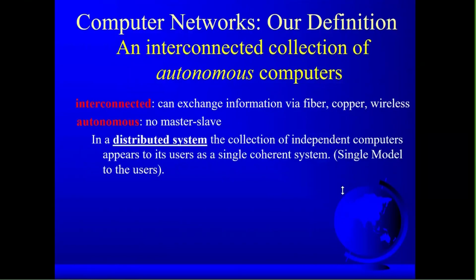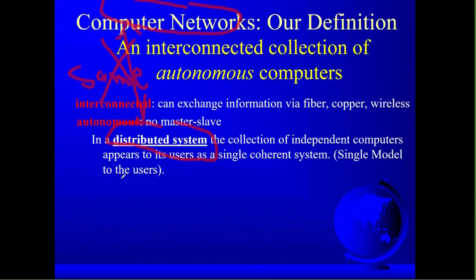Now, another definition is what we call a distributed system. You might see it on Google in different books. Many professors think that a computer network and a distributed system are the same. That is not 100% correct. No, they're not the same. Let me tell you the difference.